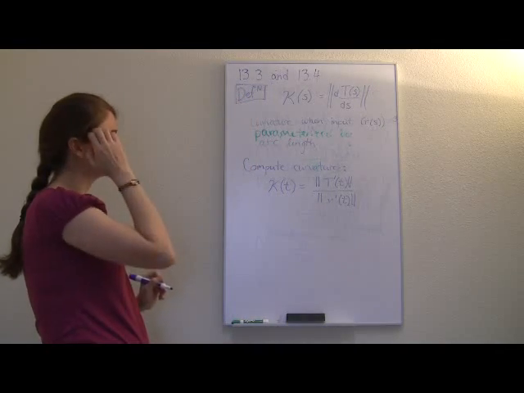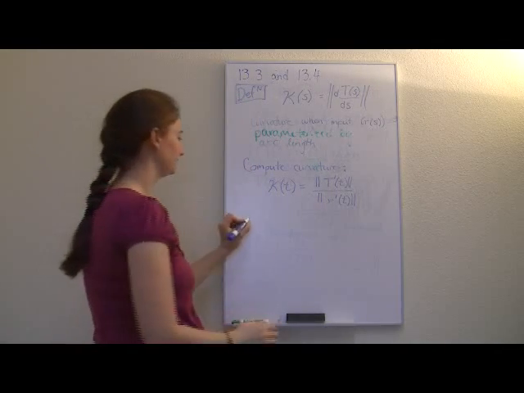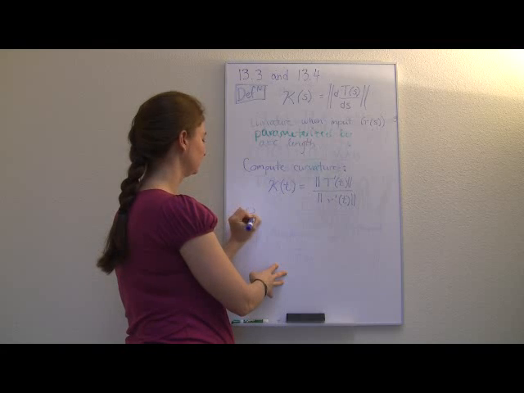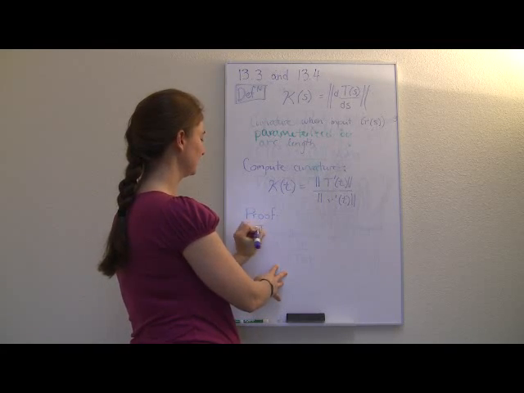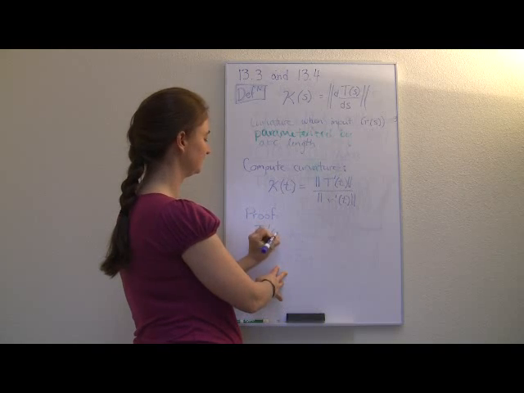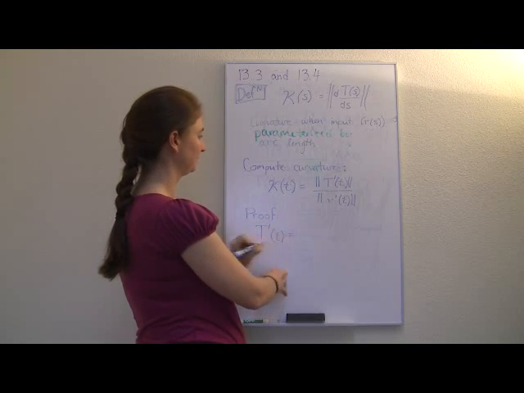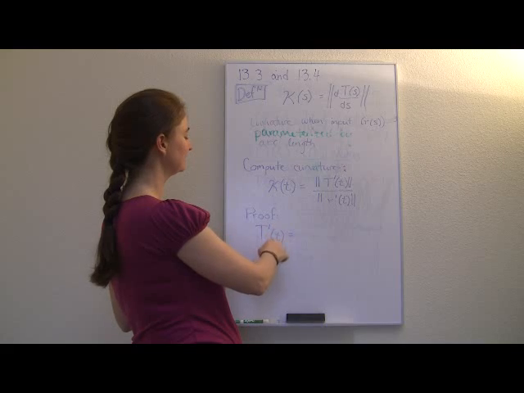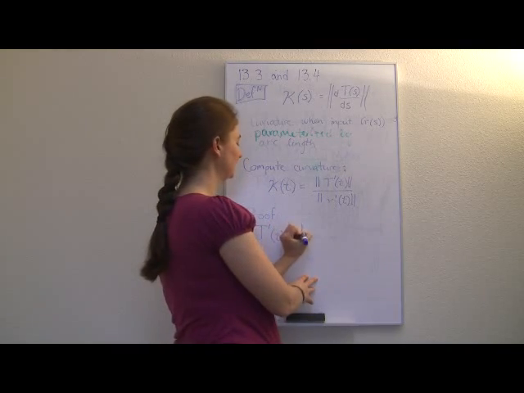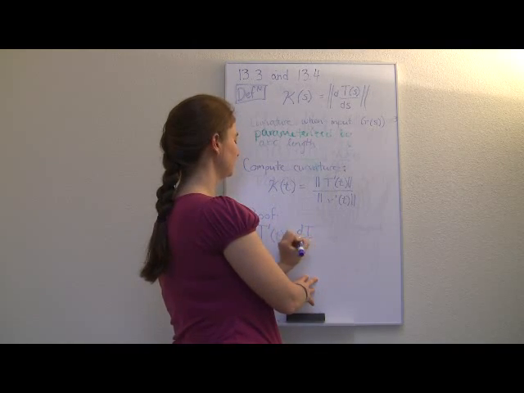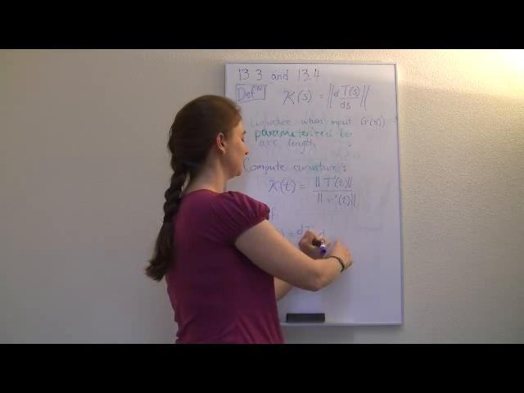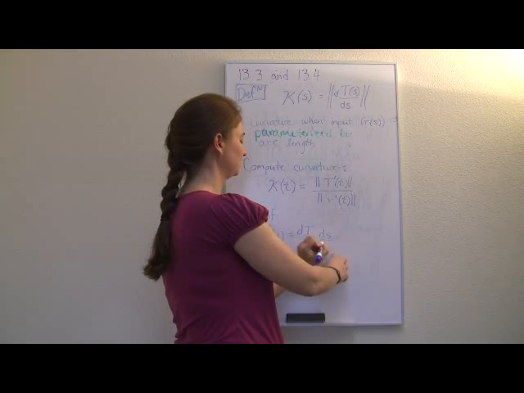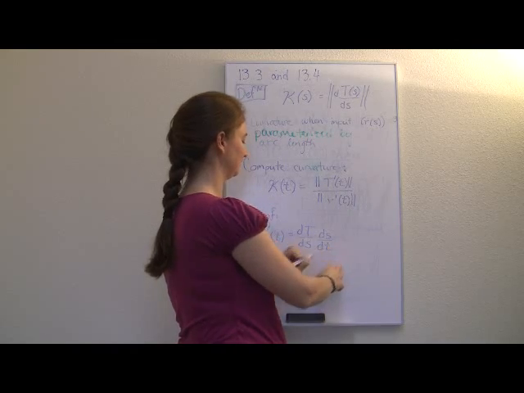And really briefly, the reason why this works, here's my proof. If I'm considering T prime of t, my derivative here, if I think of this in terms of chain rule, I can write this as the derivative with respect to arc length, but by chain rule I would have to multiply by the derivative of arc length with respect to time.